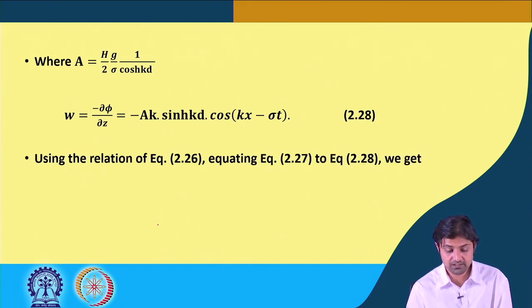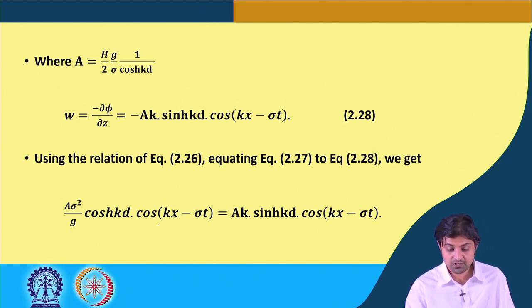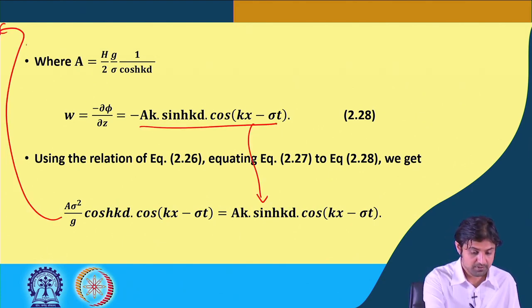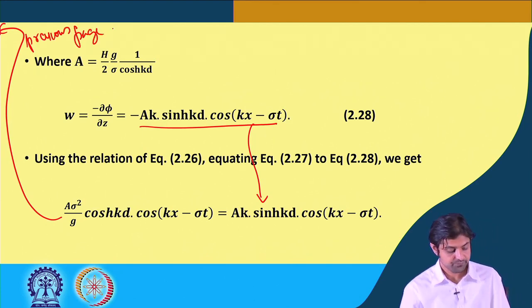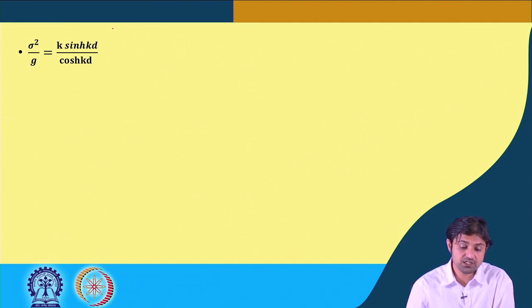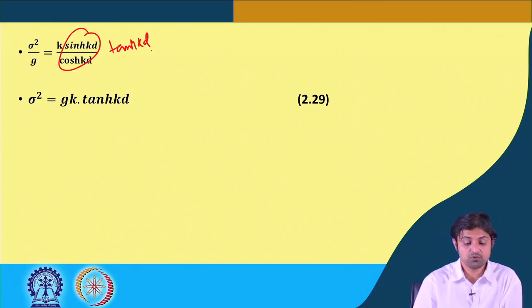We equate both these terms, A square sigma from the previous equation with this one, from the previous page, because both are the same. On cancelling the common terms, what we get is sigma square by g is equal to k sin h k d divided by cos h k d, and this is nothing but tan h k d. So, sigma square can be written as g k into tan h k d.